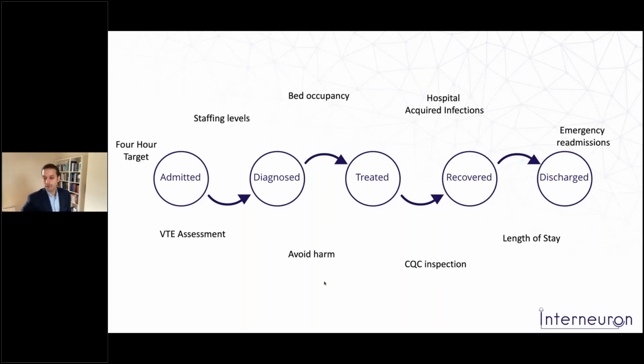There's of course information that we're already collecting. Hospitals are required to produce information both internally and externally for targets on length of stay, bed occupancy, and other quality of care metrics.